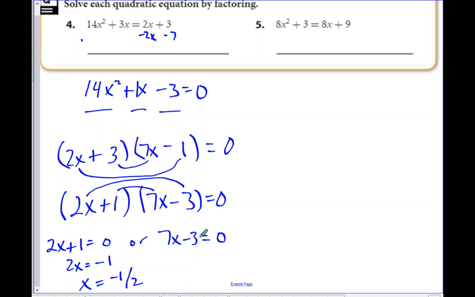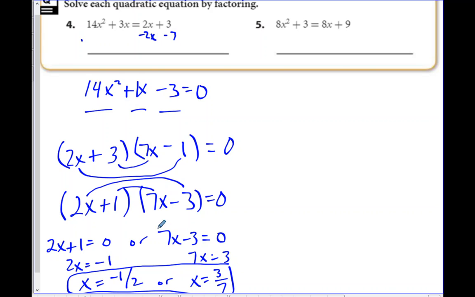And on the other side, add 3 to both sides and you get 7x equals 3, and then divide by 7 and you get x equals 3 over 7. So there are your two solutions for that quadratic equation.